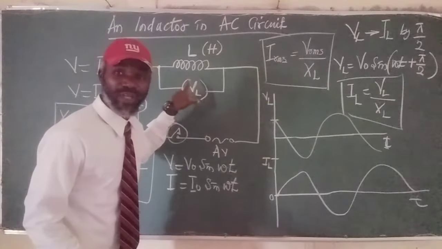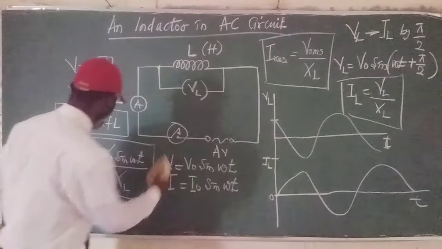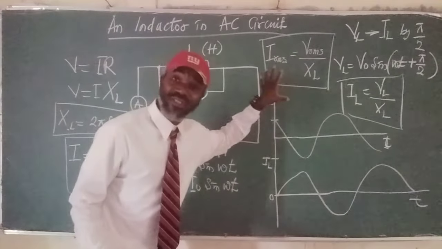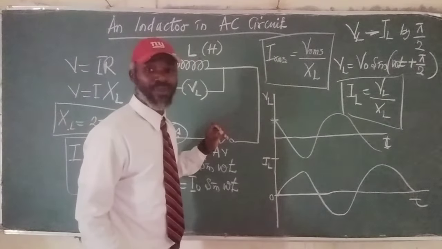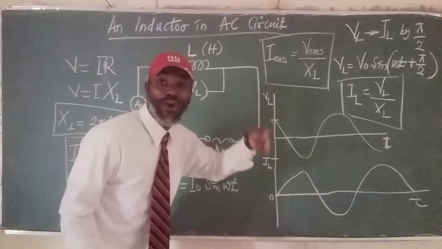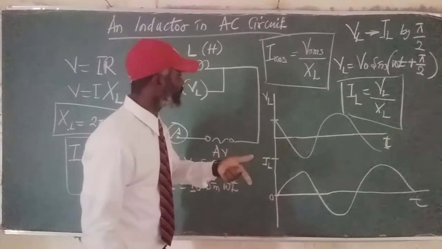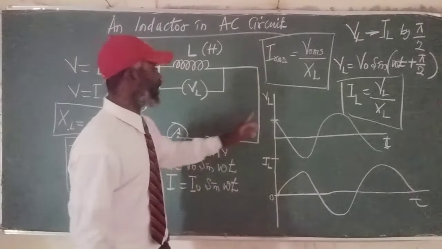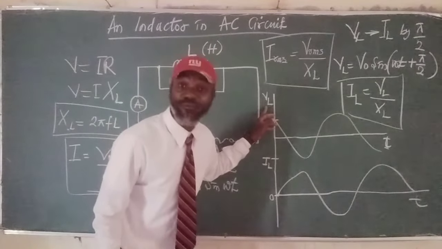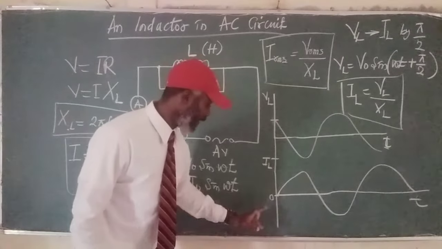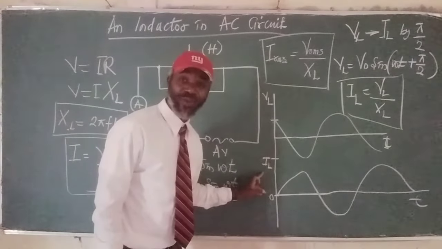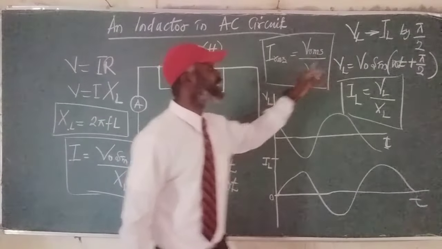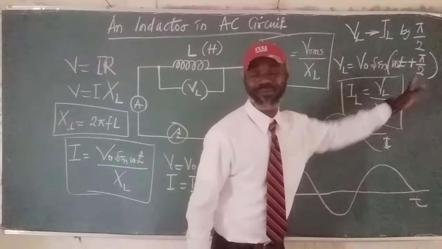Then we find the root mean square current, the steady current that causes heat in the coil, because an inductor is a coil. Then we find the relationship between the inductive voltage and current: the voltage leads by pi over 2.